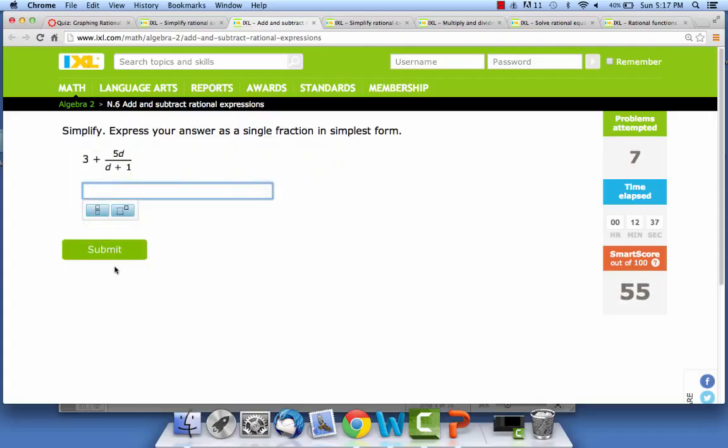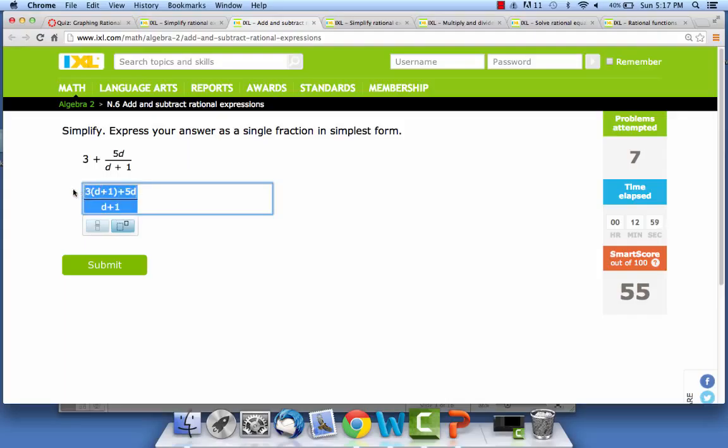Okay, so 3 plus, so that's 3 times d plus 1 over d plus 1 plus 5d over d plus 1.